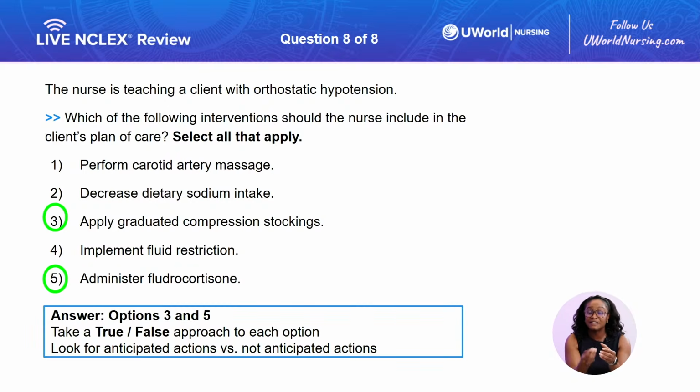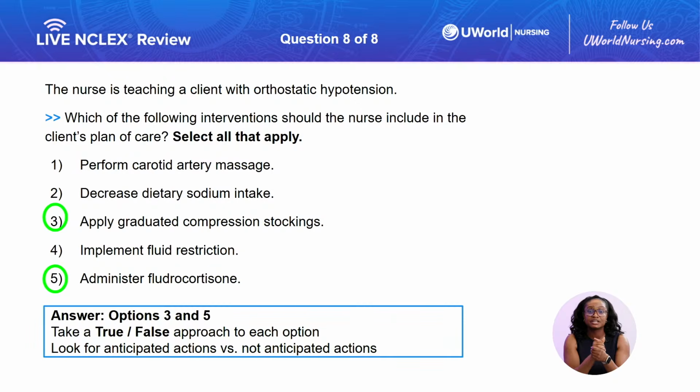So you have a significant drop in your blood pressure, which causes these clients to get very dizzy, feel very lightheaded, and it's a complication that can increase their likelihood to fall. So we need to do everything to maintain their blood pressure or increase their blood pressure. That would be options 3 and 5.